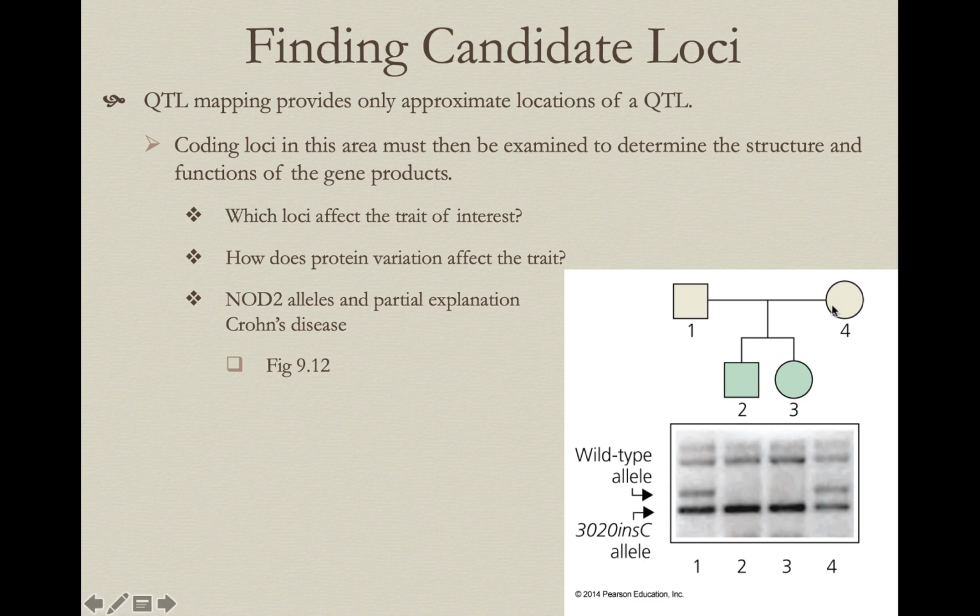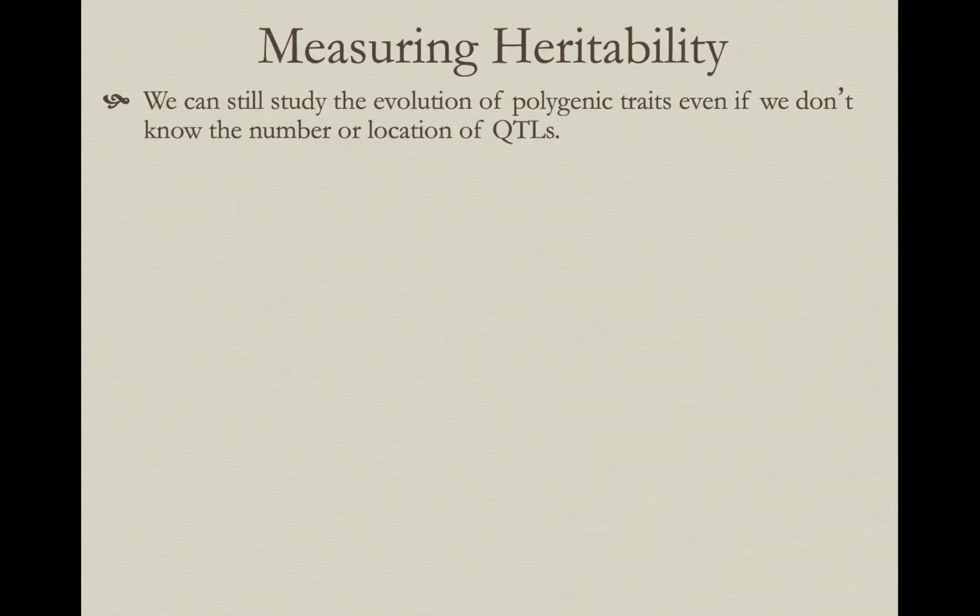So if your parents are carriers for the NOD2 mutant, they only have one of the wild types, but you don't happen to get it. You happen to be homozygous for this recessive mutant allele. Again, this is an example of a deleterious recessive trait. Then you're more prone to having Crohn's disease. So that's a brief introduction and summary of what QTL mapping does.